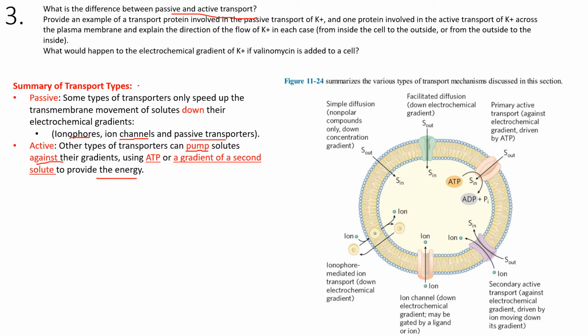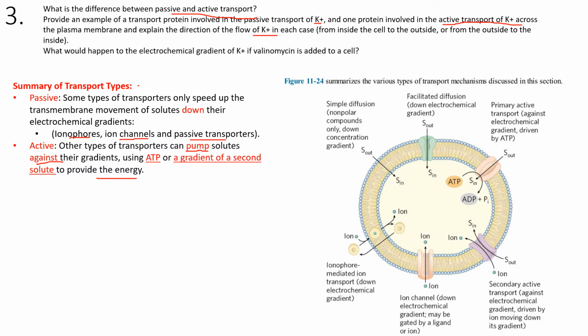Okay? Provide an example of a transport protein involved in the passive transport of potassium and one protein involved in the active transport of potassium across the plasma membrane, and explain the direction of flow of potassium ions in each case, from inside the cell to the outside or from the outside to the inside. There are a lot of examples in your book, so I'm not going to go there.